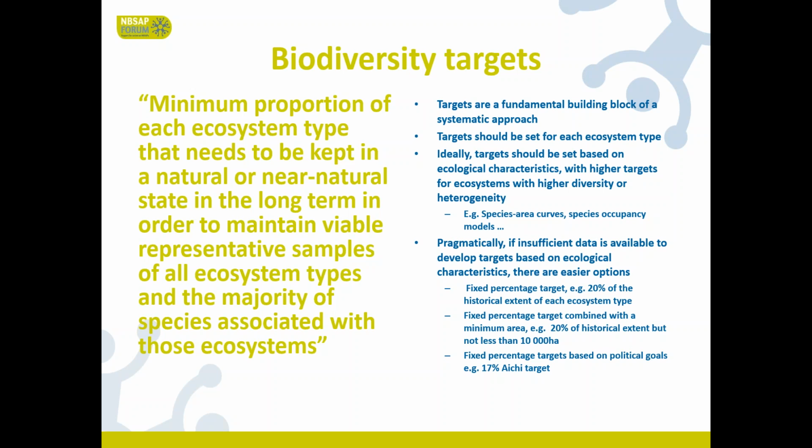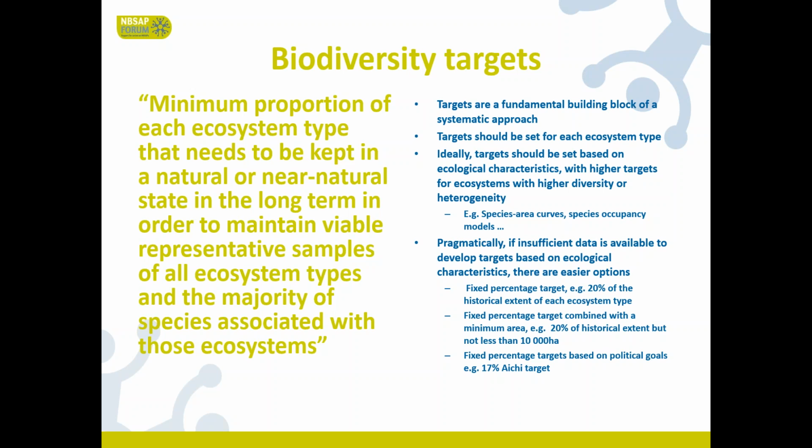But pragmatically, you might have to start at a more basic level initially. So you might have insufficient data to use targets based on ecological characteristics. If this is the case, there are easier options. So for example, you can use a fixed percentage target, say 20% of the extent of an ecosystem.